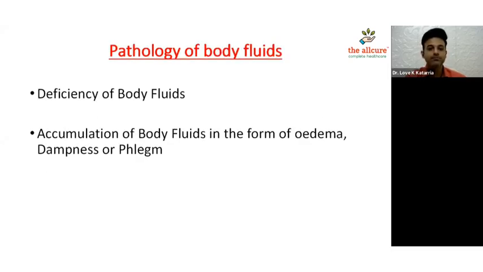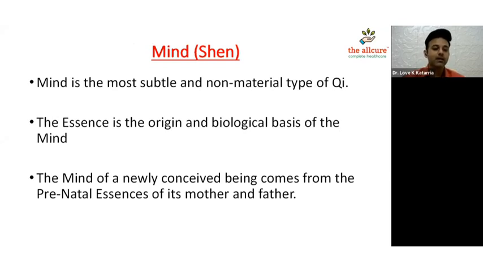Now we'll be looking at the last of the vital substances, the mind. These days the mind has a very major role to play because of the lifestyle and the stress, which is increasing day by day in our lives. The mind is the most subtle, non-material type of chi.